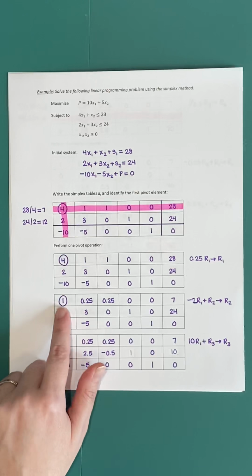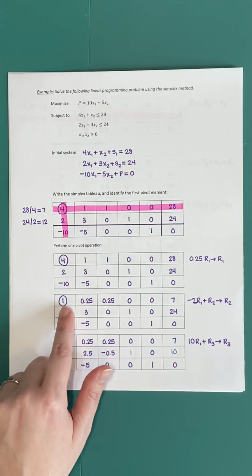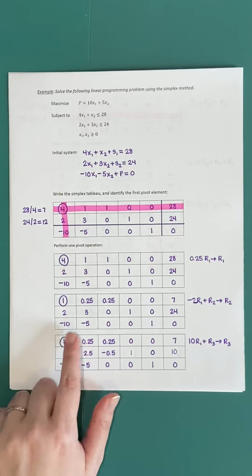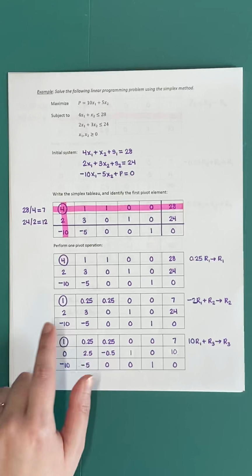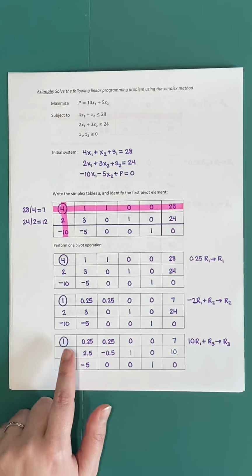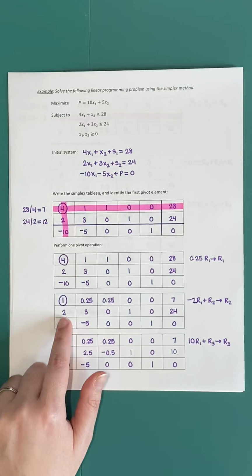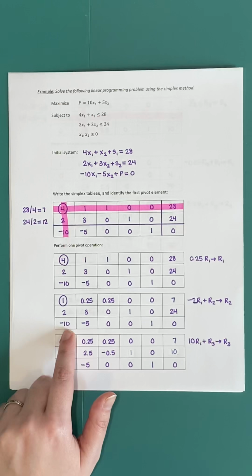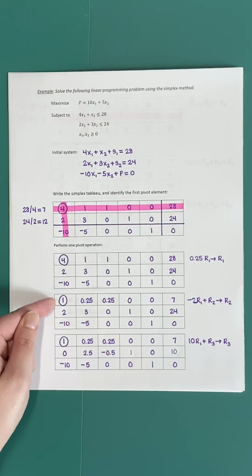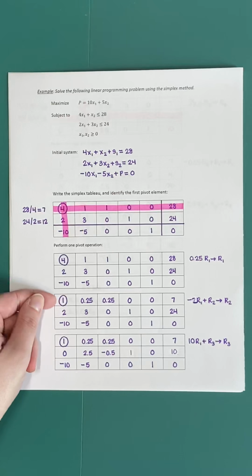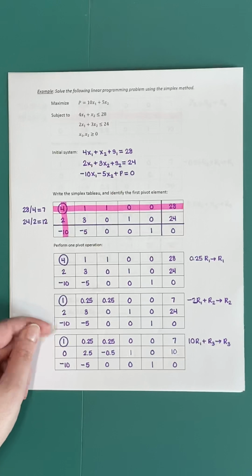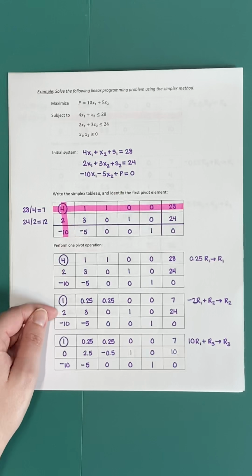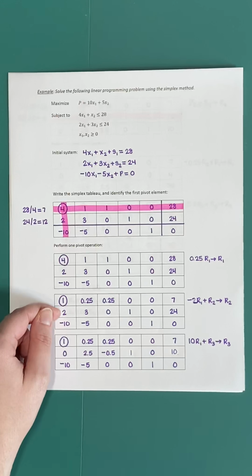Okay, I kept that pivot element circled because I'm still using that element to clear the column. So the goal now that this is a 1, the goal is to get zeros underneath that 1. In other words, clear the 2, make it a 0, and clear the -10 and make that a 0 as well. I have to use this 1, use a multiple of the 1 in order to clear the remaining 2 elements below it. So if I want to eliminate a 2, think in terms of addition, elimination.